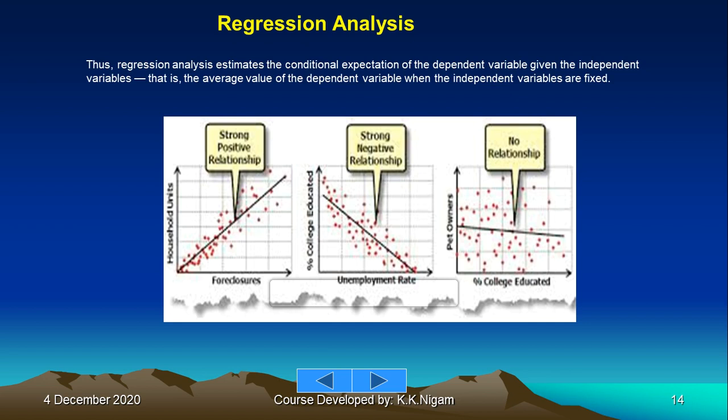You see a strong positive relationship when the data points are very close to the line, a strong negative relationship when the line is going from top to bottom, and no relationship when it is almost flat. All these graphs give you an indication of what type of forecast is going to be there with the given data set.